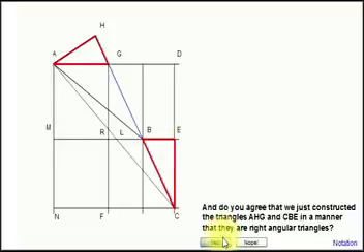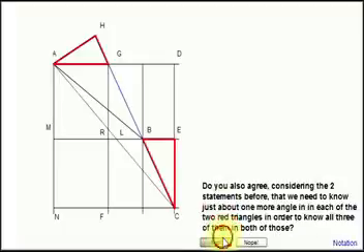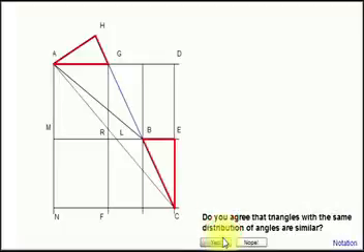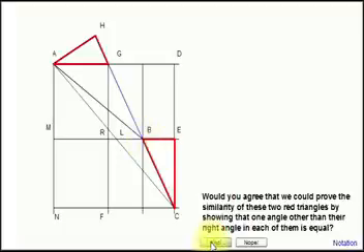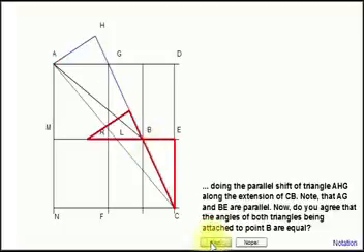Alright? The way we're going to show this is by moving this upper triangle in a sort of parallel shift across the line HGBC down to the point such that both triangles are attached to point B. Like this.